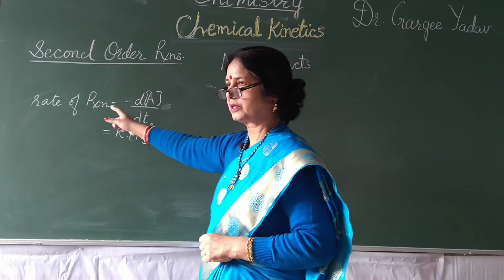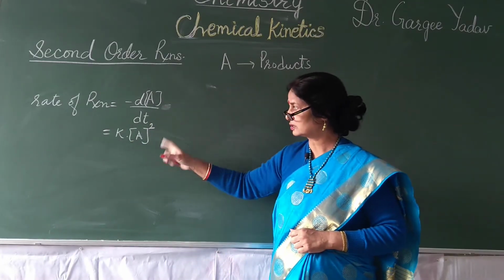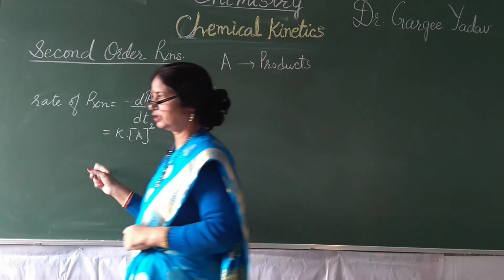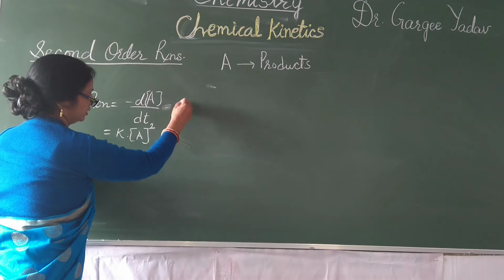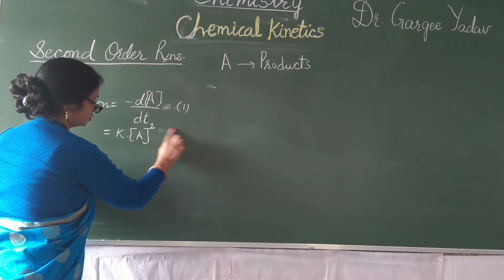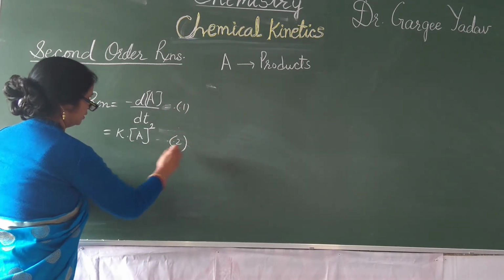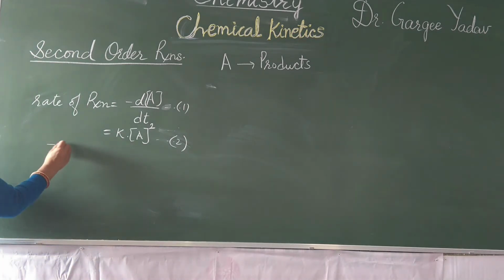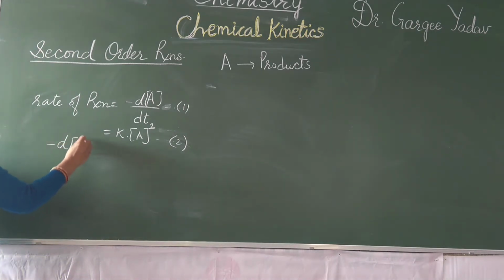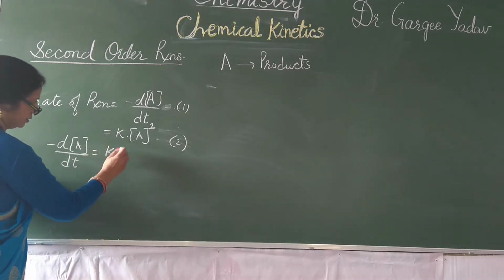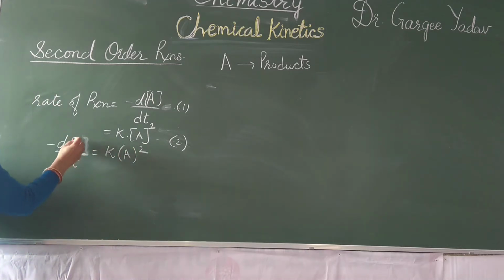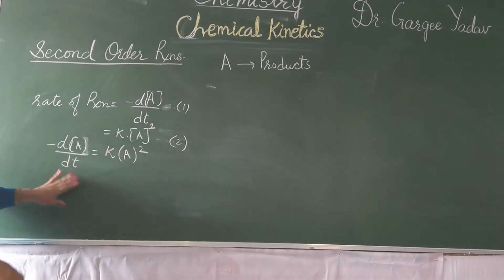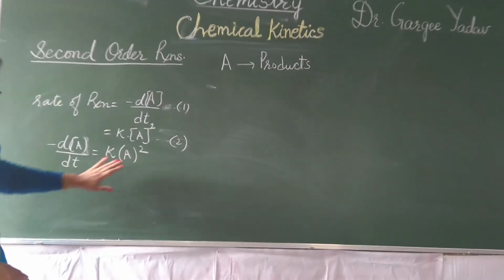So this is the expression for the rate of reaction, and this is also the expression for the rate of the reaction. So both these expressions are for the rate of reaction. So we can equate them, and when we equate them, what we have is minus dA upon dt is equal to K A square.